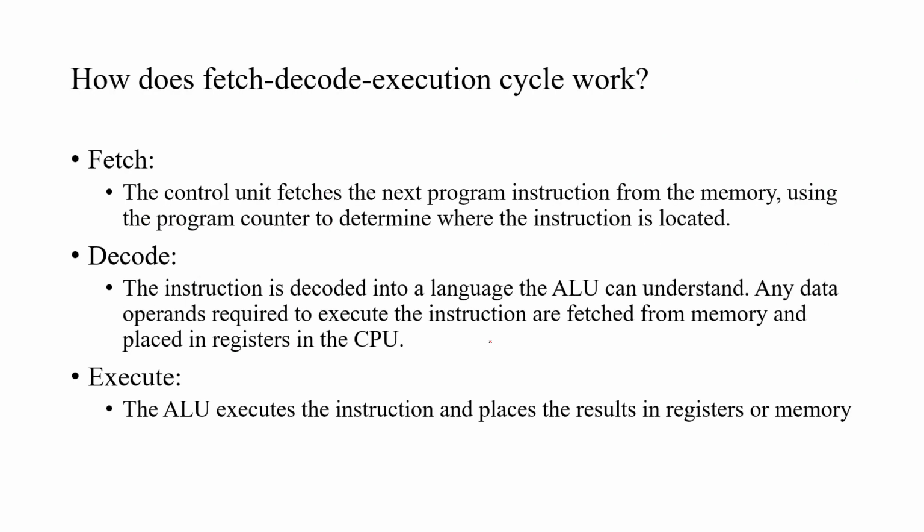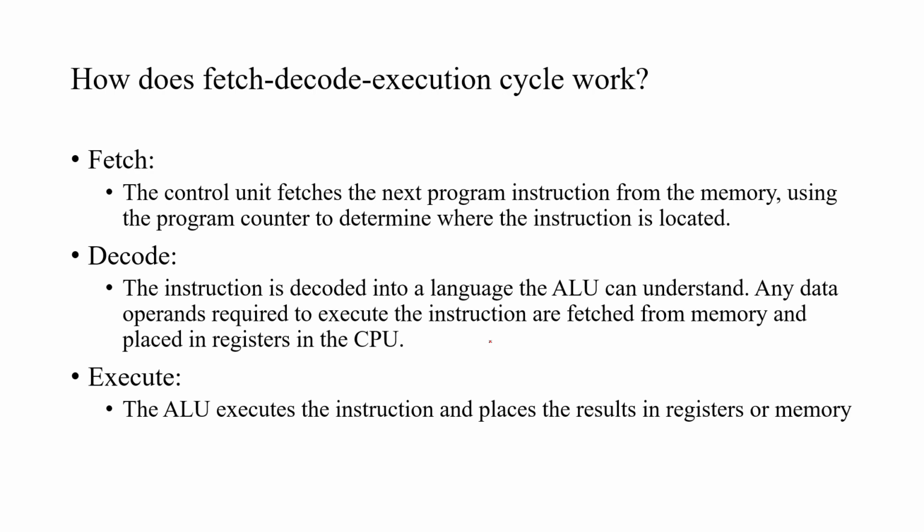So how does the fetch, decode, execute cycle work? There's fetch, decode, and execute in all parts of this. In the fetch part, the control unit fetches the next program instruction from memory using the program counter. I hope you guys are used to the program counter because I've been talking about it a good amount of time. Then comes the decode part.